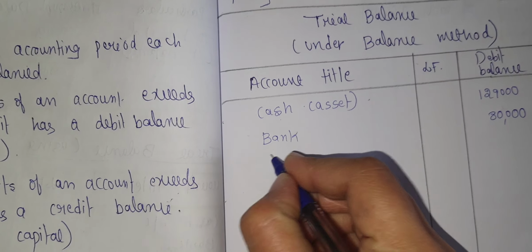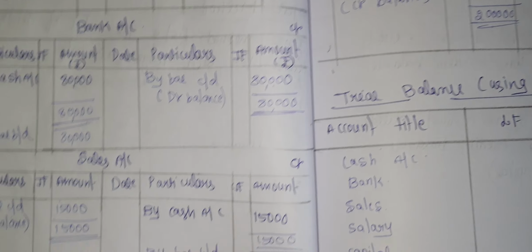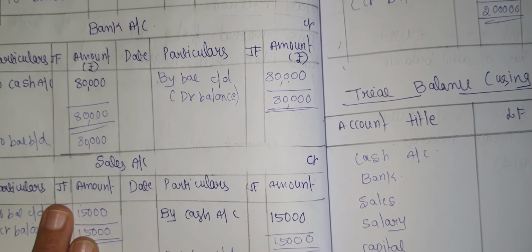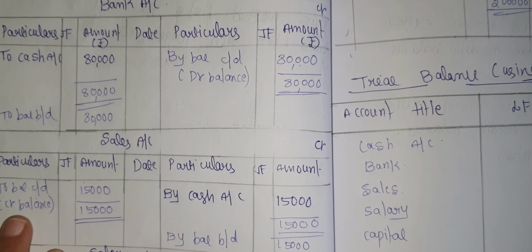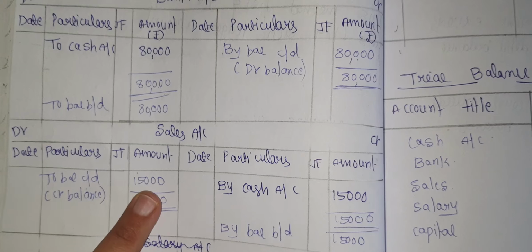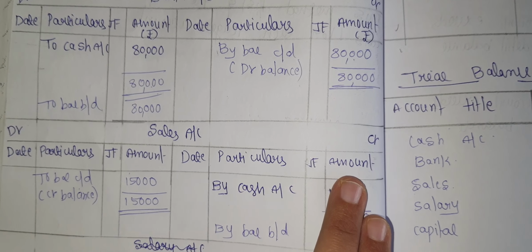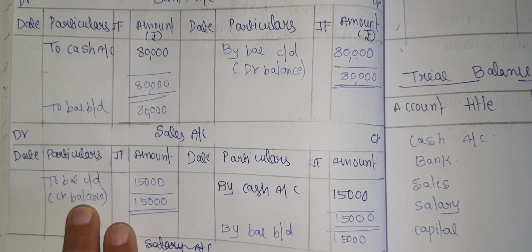Next one, sales. Sales, it is an income. For income, what is the rule? Credit side more than debit side. Means it has a credit balance. Here closing balance, that is rupees 15,000, it comes in the debit side, but the rule is credit exceeds the debit, it has a credit balance.